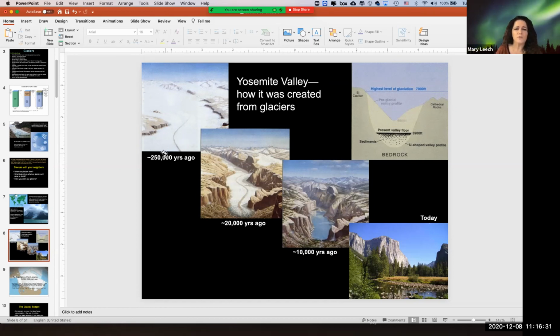This is a much larger glacial period than 20,000 years ago. I said before that the last ice age that we had was about 20,000 years ago. That's what it looked like here. So it was an alpine glacier, confined to the valley. But 250,000 years ago, everywhere was covered in ice, and Yosemite Valley was filled up with ice. And that's when the valley actually started to form.